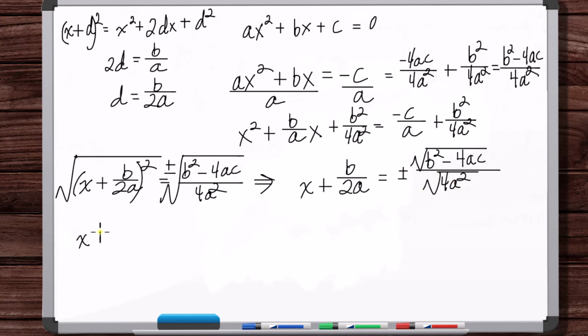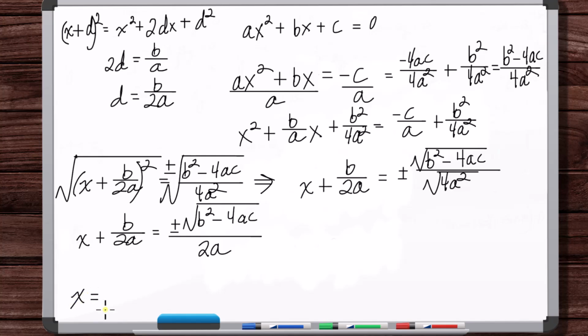So x plus b over 2a is equal to plus or minus the principal square root of b squared minus 4ac all over 2a.